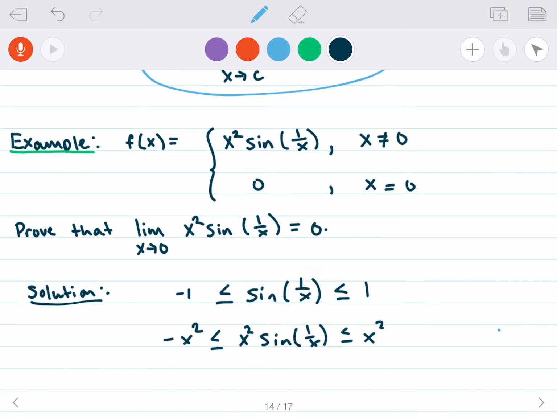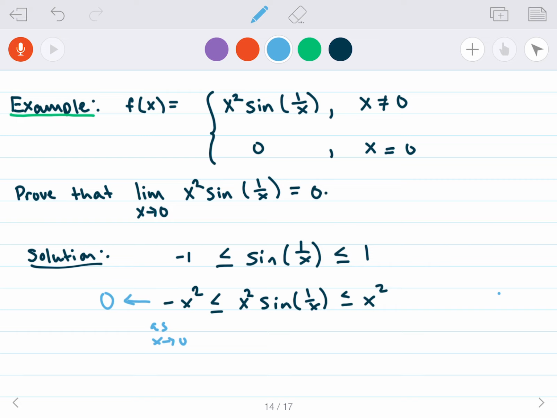Okay, and by the squeeze theorem, this thing is going to go to 0 as x approaches 0, and we're not going to justify that now, but it's just limit laws. You know, you can plug in 0 because it's polynomial, and this also goes to 0 as x goes to 0.